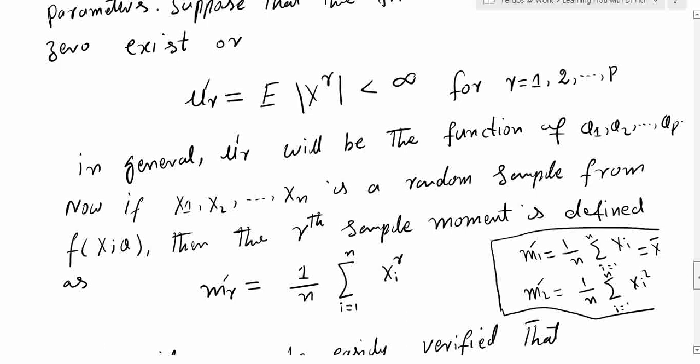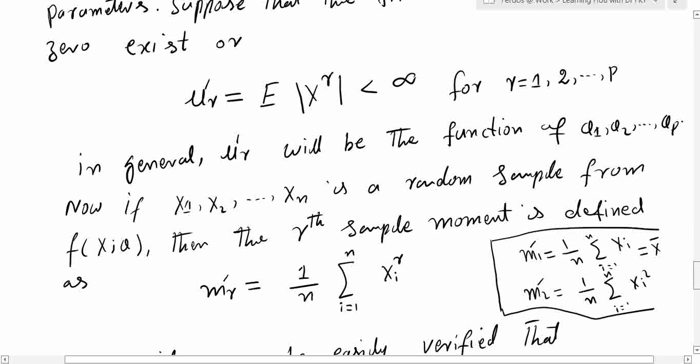Okay, so this is about the raw moments of population. Now if x1, x2 up to xn is a random sample from a distribution f of x, theta, then the rth sample raw moment is defined as m r prime equal to 1 divided by n, sum over i from 1 to n, of x i power r.